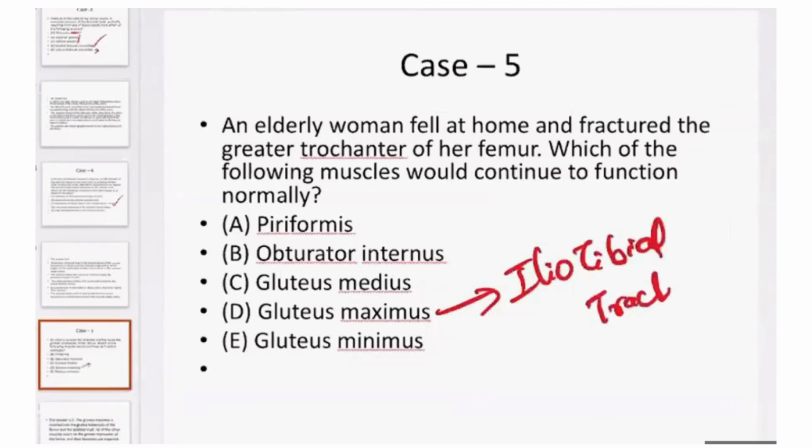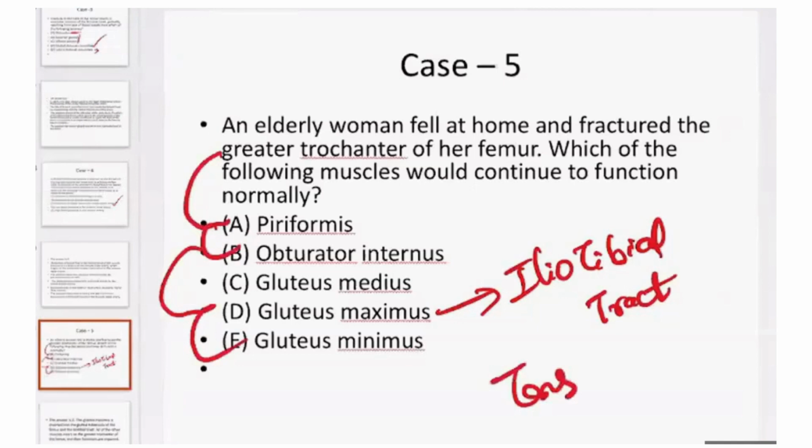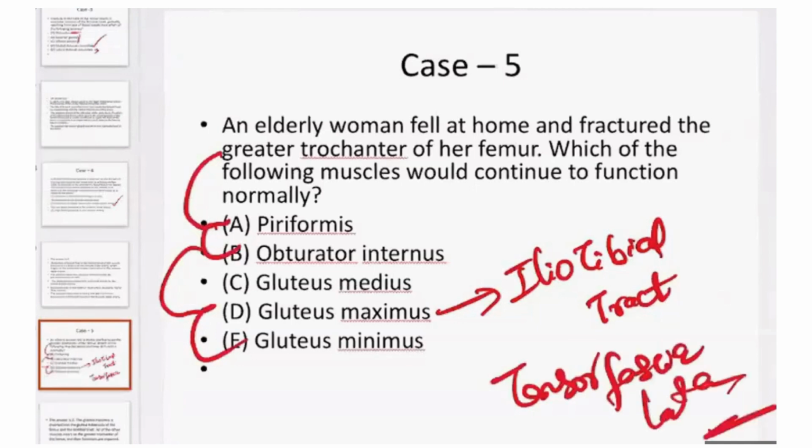All other muscles are inserted on the greater trochanter. Gluteus maximus is inserted on the iliotibial tract along with tensor fascia lata. So that completes the lower limb. The gluteus maximus is inserted on the iliotibial tract; it is not on the greater trochanter. Now, case questions, right? Case questions.